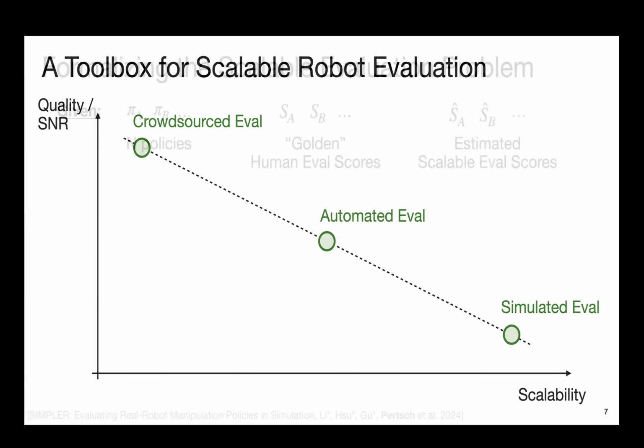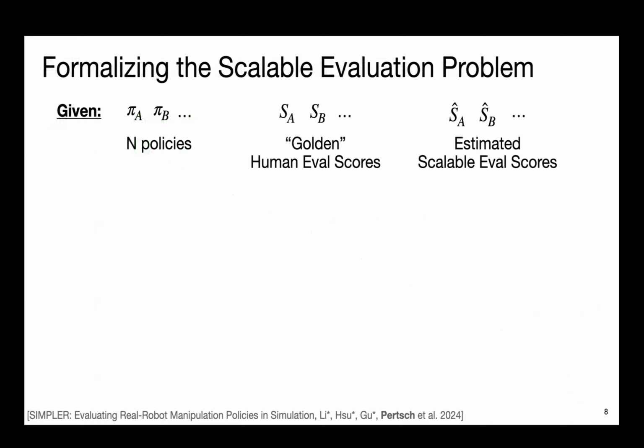Cool. Before we can dive into individual approaches, I think we need to take a moment to actually define how we will measure whether a new approach that we propose for evaluation is actually a good approach. And generally, the formalism that we came up with is that we assume that we're given a set of policies, n of them. They're typically generalist policies in my case, but they don't need to be.